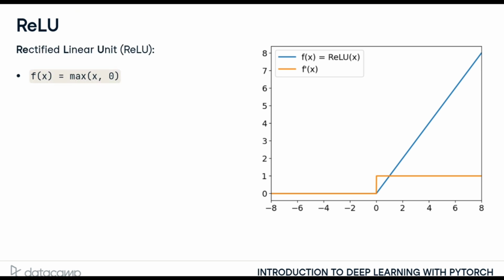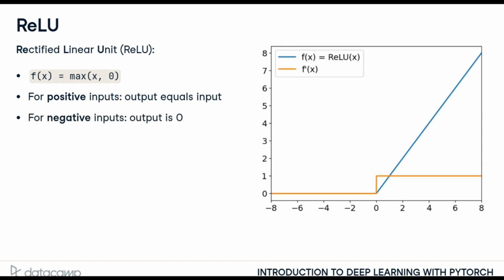Here is the rectified linear unit, or ReLU. ReLU outputs the maximum value between its input and 0, as shown in the graph. For positive inputs, the output equals the input. For negative inputs, the output is 0.